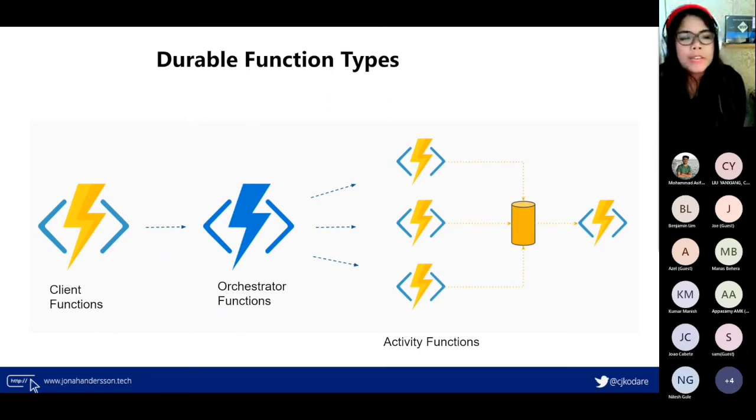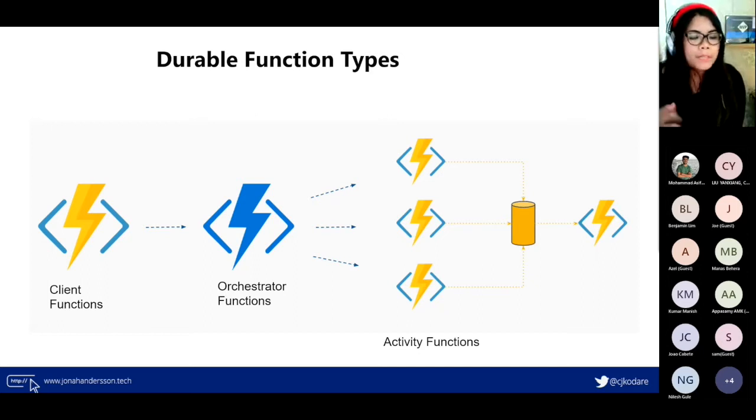The first one is the client function. Client functions are like starter functions that are used to trigger the stateful orchestration. Client functions can be an HTTP trigger, a blob trigger, or a Cosmos DB trigger.